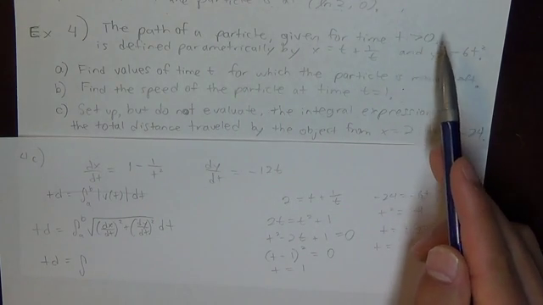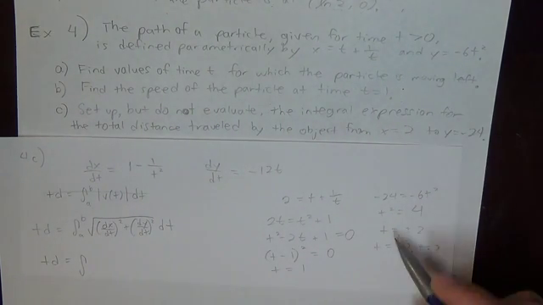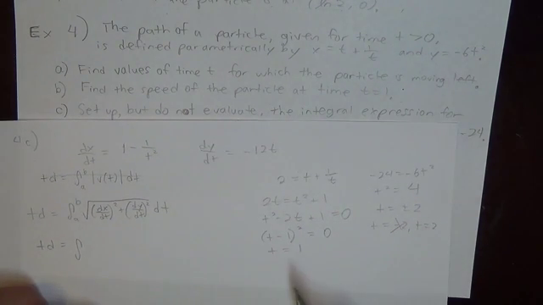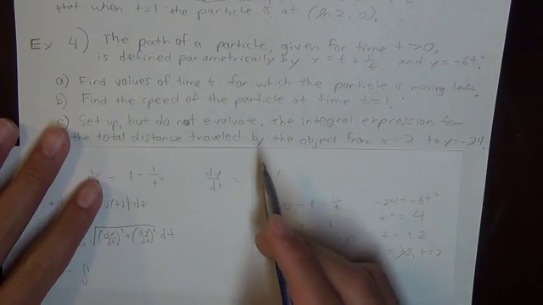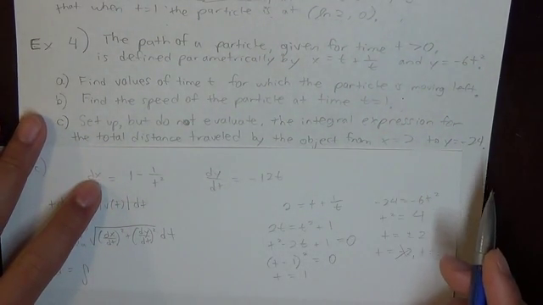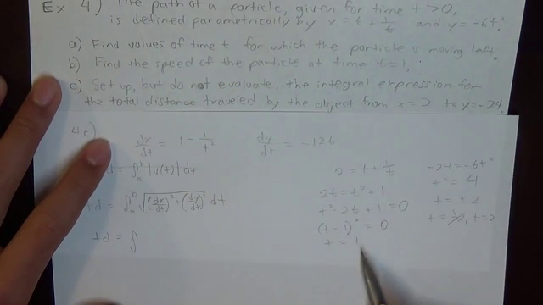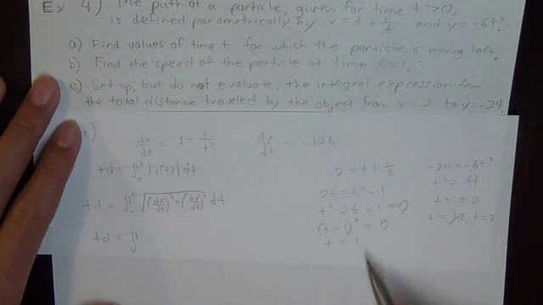Since it says t is greater than 0, we can get rid of the negative one. So we have from t equals 1 to t equals 2. Originally it said from x equals 2 to y equals negative 24, and that was just to throw us off. But now we have our a and b.